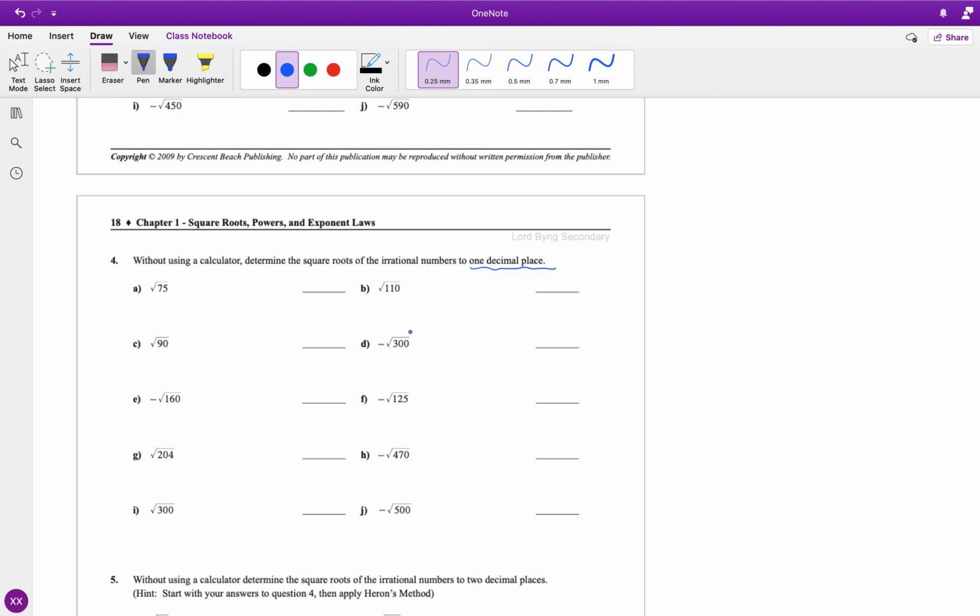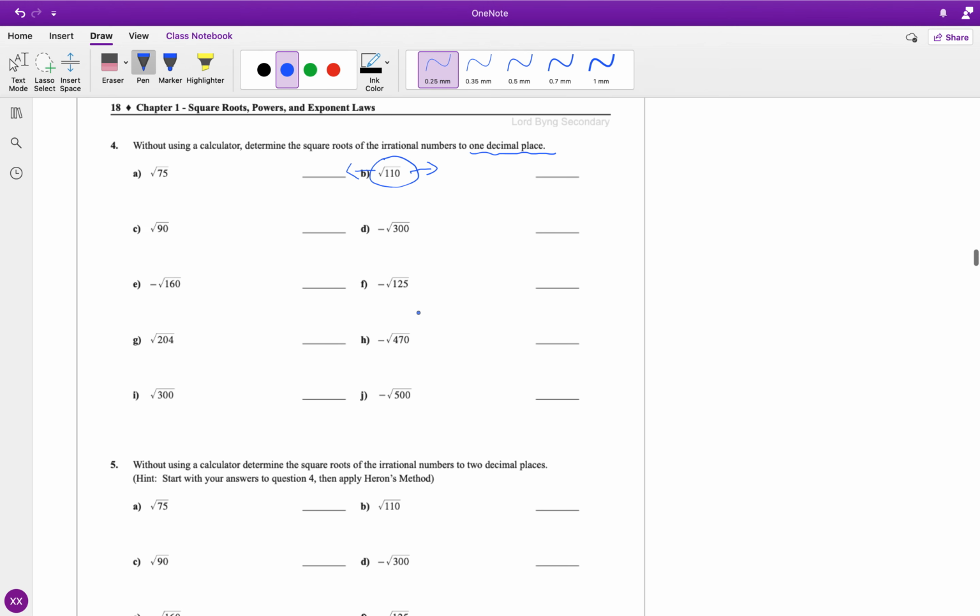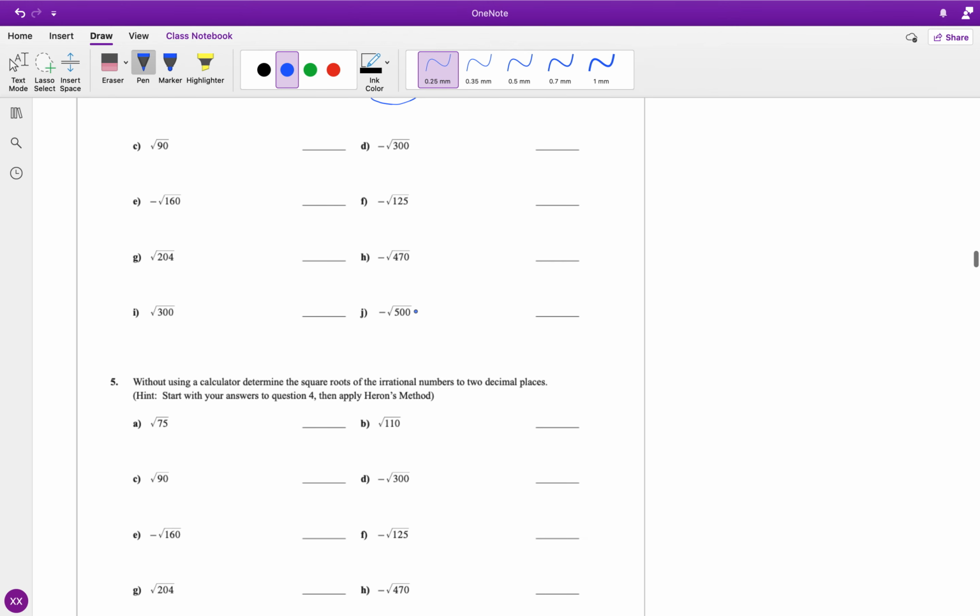Of course, these numbers are larger, but the bottom line is still to look for a perfect square on one side and a perfect square on the other side. Then you should be able to use the space in between and the ratio of the space to figure out the estimation. Don't worry about this.